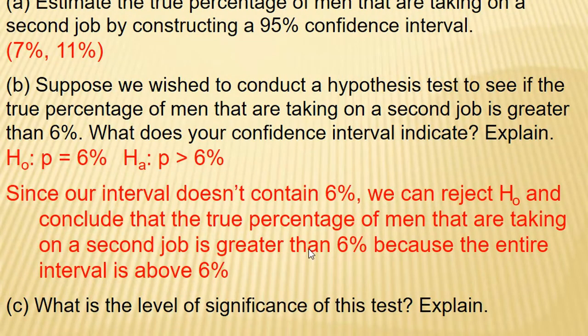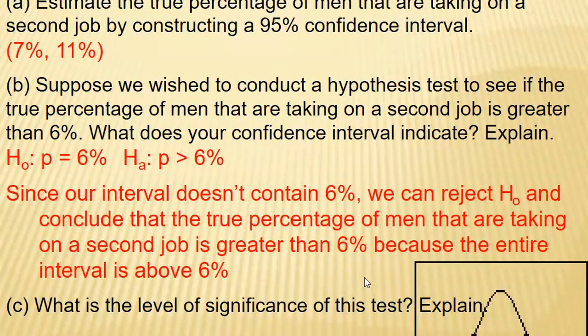And then the last thing you need for these kind of questions is letter C. What is the level of significance? Okay, so here's the best way to explain it. I think it would help if you draw a picture. Okay, so let me draw a picture of a normal curve, and I'm going to put 95% in the middle because that was the confidence level, 95%.